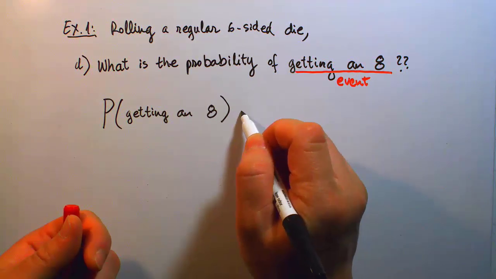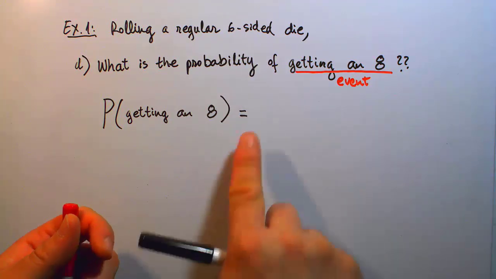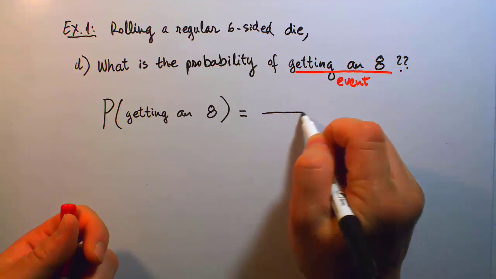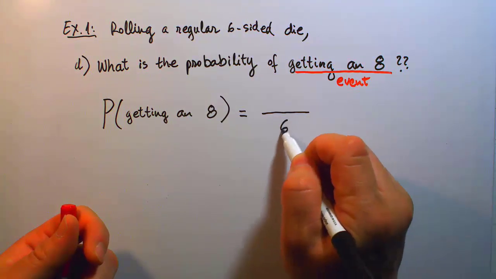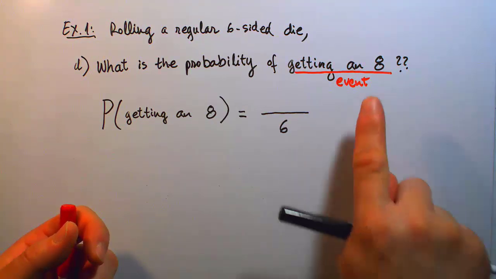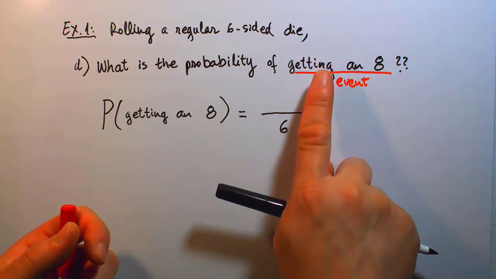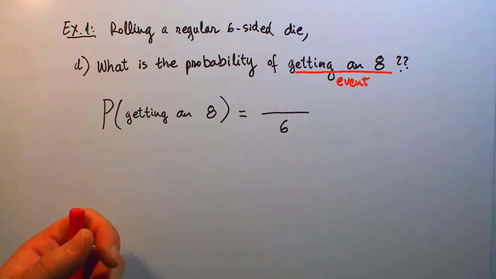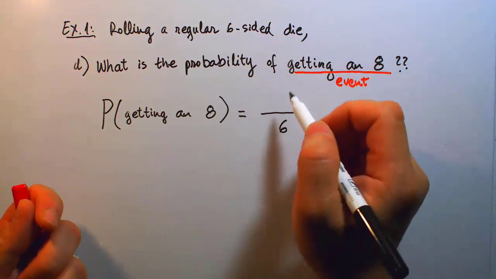And now we're going to start looking for the answer. The answer to the question is, in my whole sample space, there are 6 outcomes total. But now, how many of those outcomes meet our event, meet our requirement? We're looking for a number 8, but none of those is an 8.